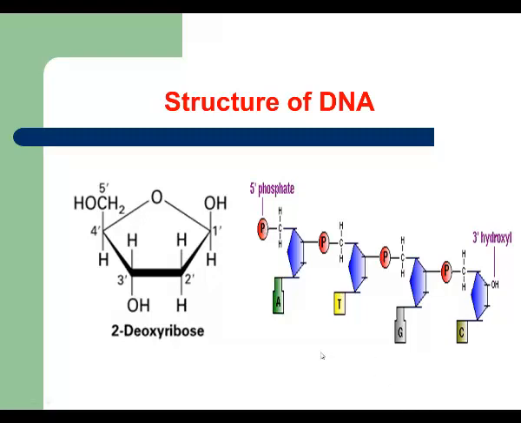Let me repeat it. Phosphate groups always connect the 3' carbon of one sugar to the 5' carbon of the next sugar.